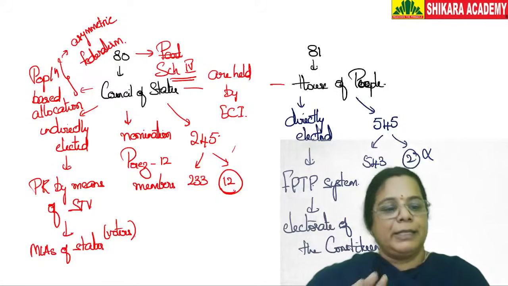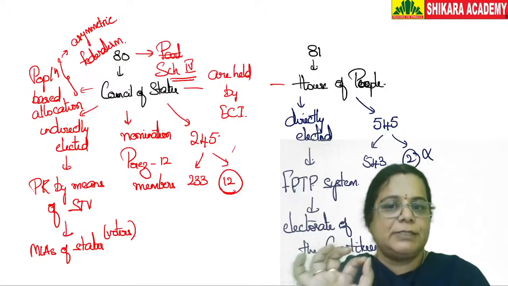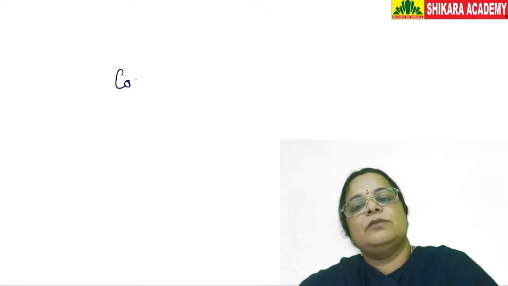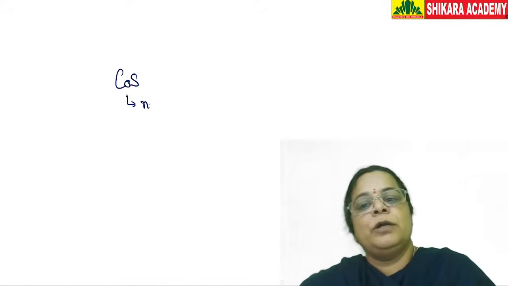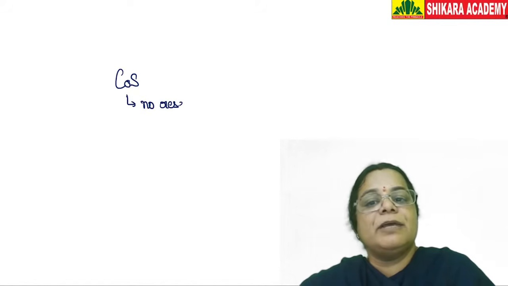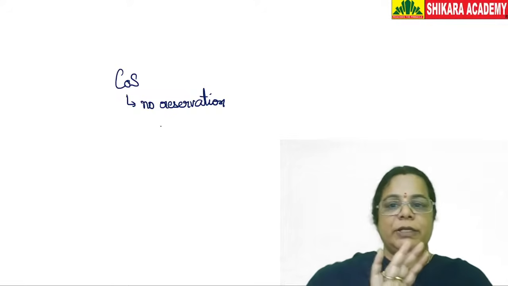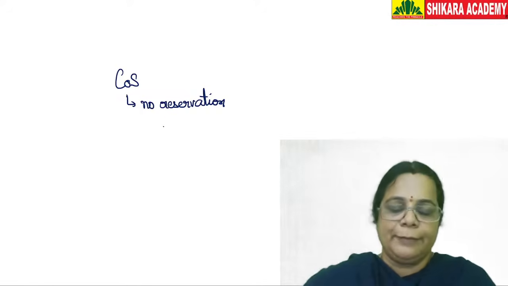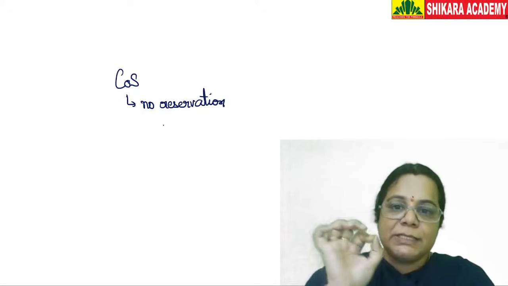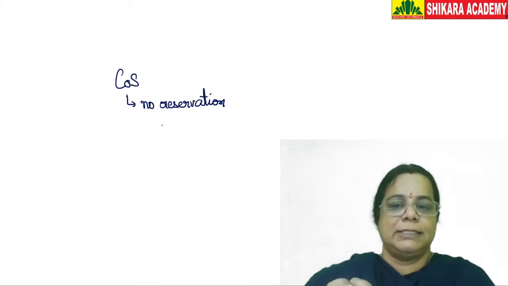Now, coming back, there are a few fundamental differences that you have to remember. The first thing is, in the Council of States, there is no reservation. You will not have SC, ST, women, or BC reservation in the Council of States. Why? Because it is a representative body of the states in India.